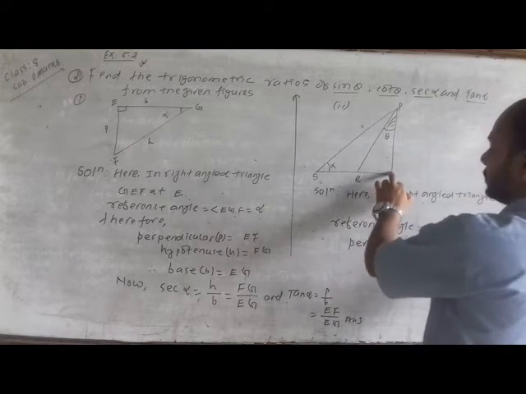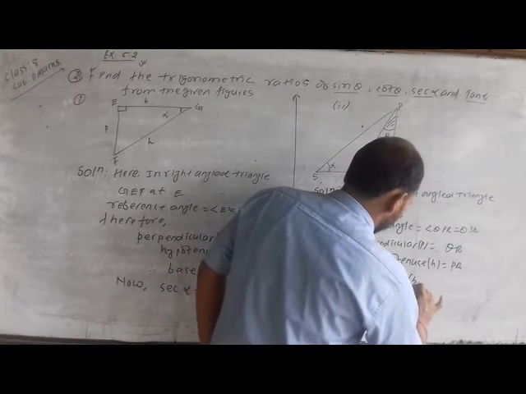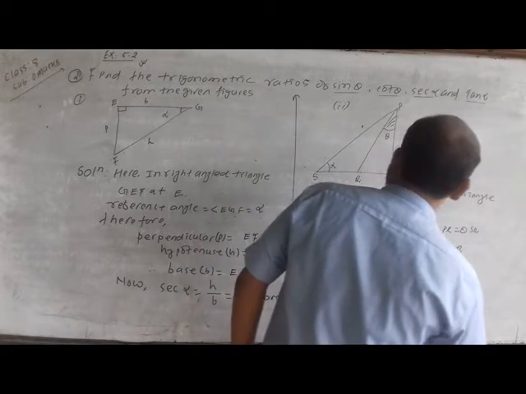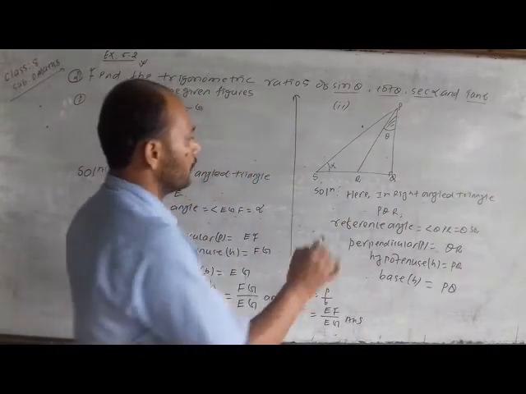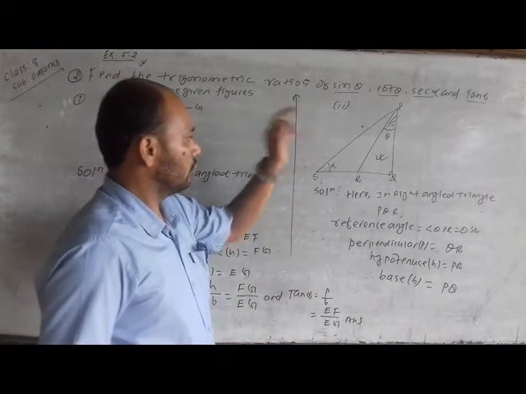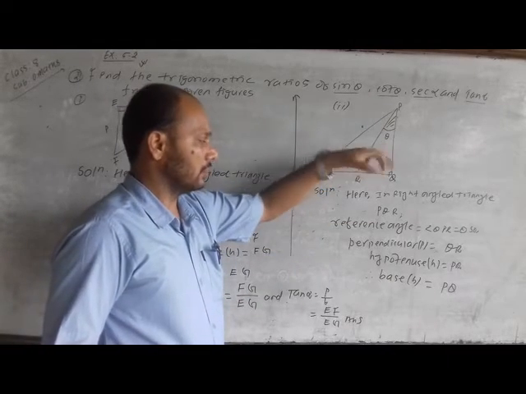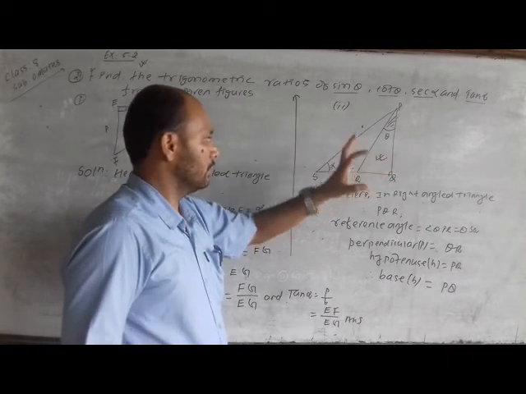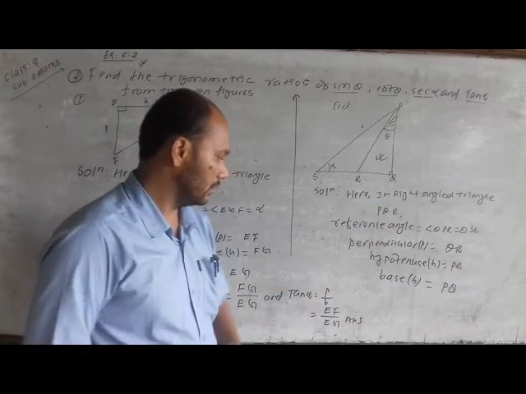The side which is opposite to 90 degrees represents hypotenuse. And base, therefore, is equal to the remaining side. Which is remaining? PQ. So my dear friends, first you use this small right angle triangle from the figure to find sin theta and cot theta. First you should find perpendicular, base and hypotenuse with respect to reference angle theta in this way.